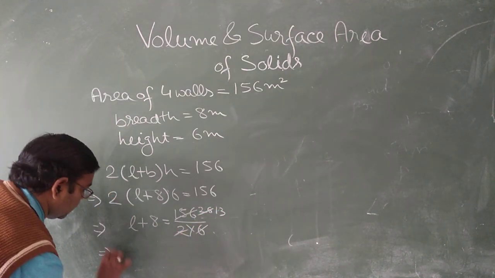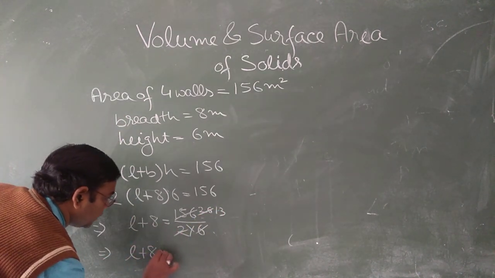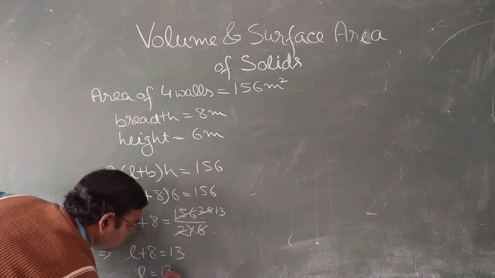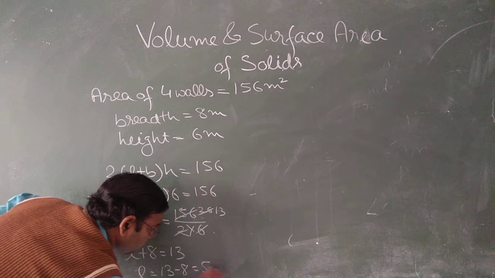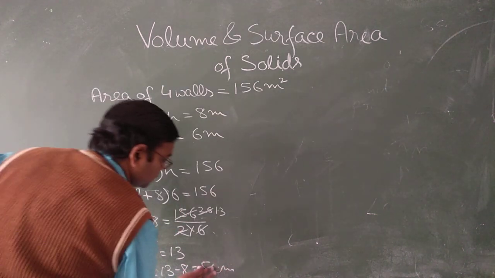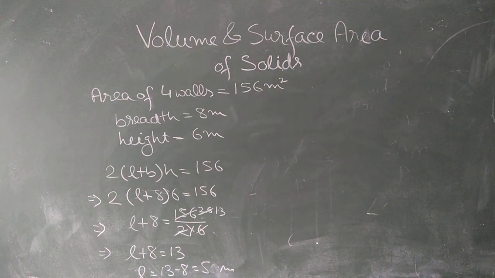Now we can say that L plus 8 equals 13, or L equals 13 minus 8, it's 5 meter. Hope this one is clear to you.